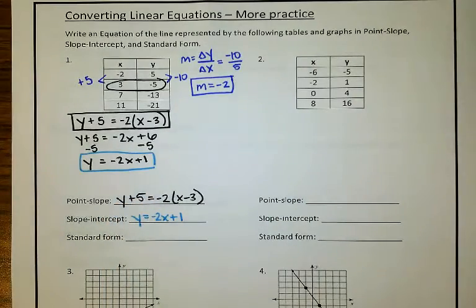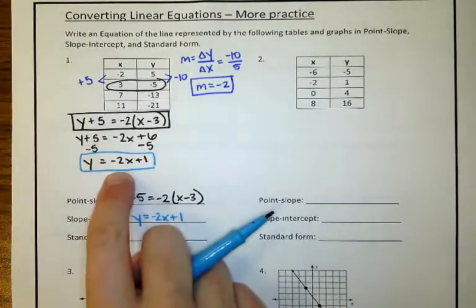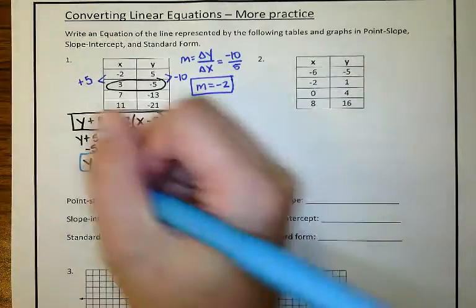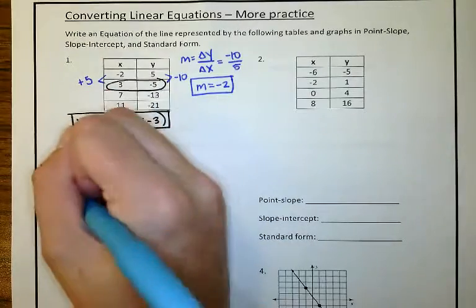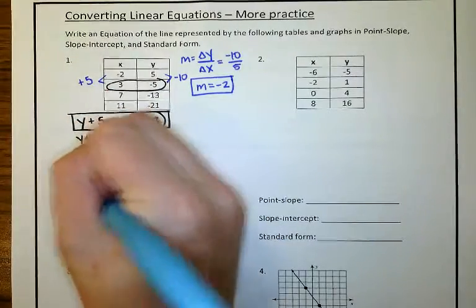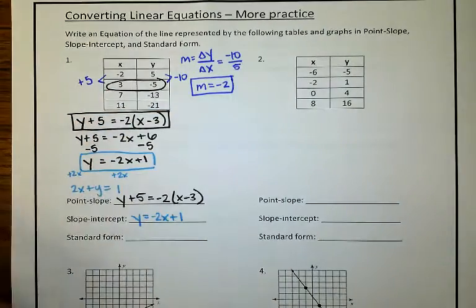In order to get this into standard form, it's actually not too hard. What do we have to do to get it in standard form? All we're doing is adding 2x, aren't we? So that just becomes 2x plus y equals 1. Do I need to multiply by anything?